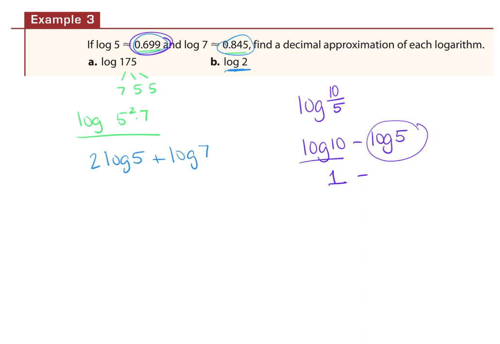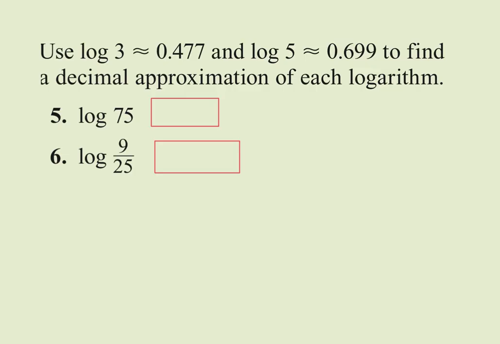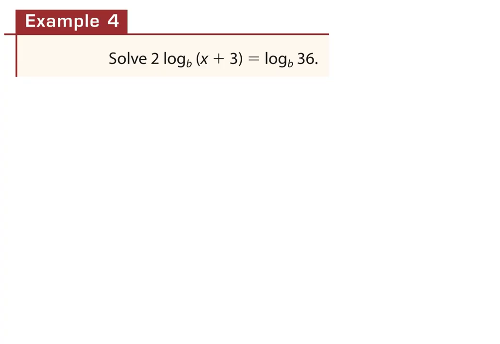The other way you can solve problems with expansion and condensing is something like this. All right? So remember we said if your bases are the same, then what's inside will equal each other. We just have one problem. We have this 2 on the outside. So what we can do is move that to the exponent place.